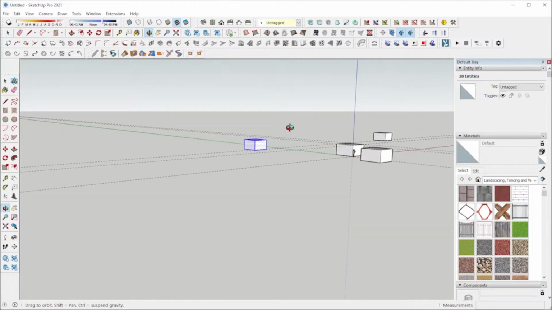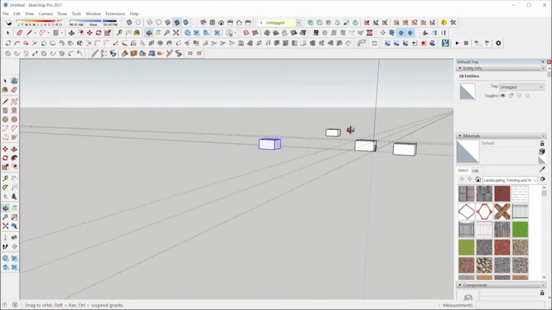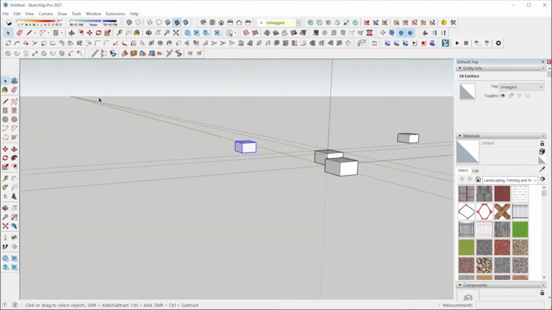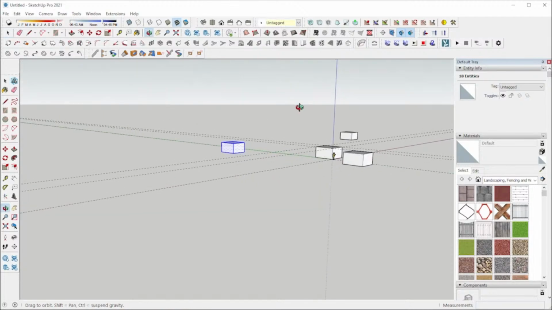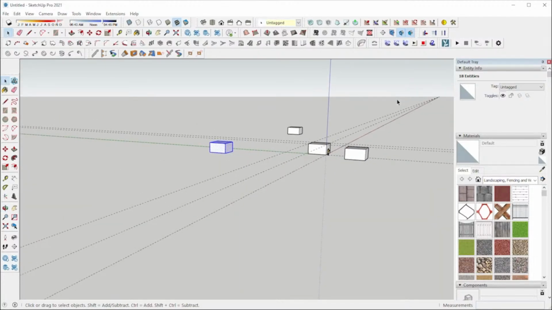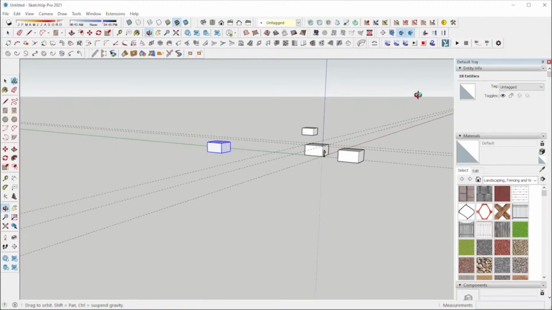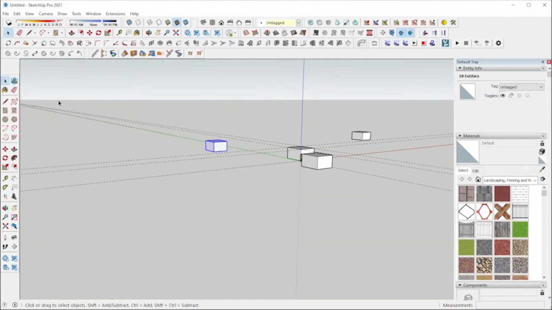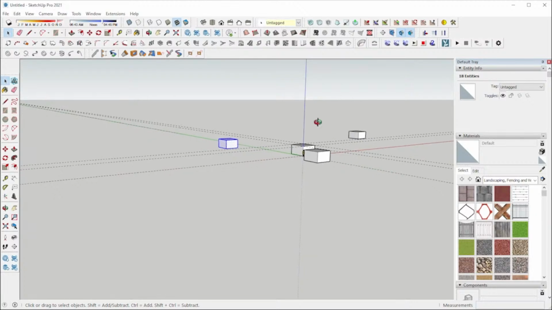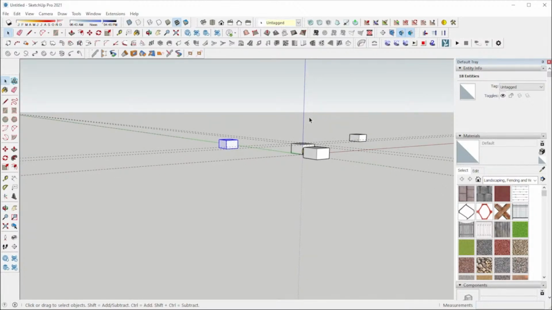These two points are on one horizontal line. We can call it the horizon. All the vanishing points are located on this line. Under this line we have the ground. Above this line we have the sky.